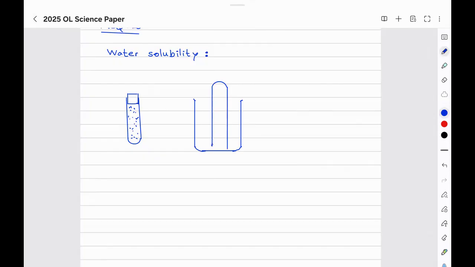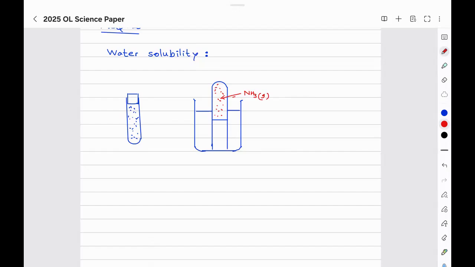Like this. Now there will be some water level inside this tube, and this is the gas, right? In this way, this is the ammonia gas.